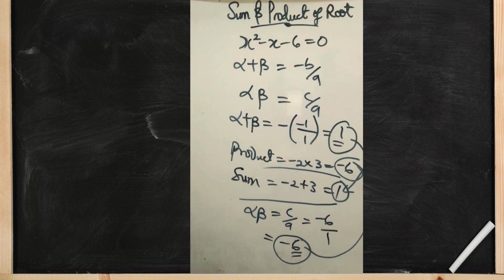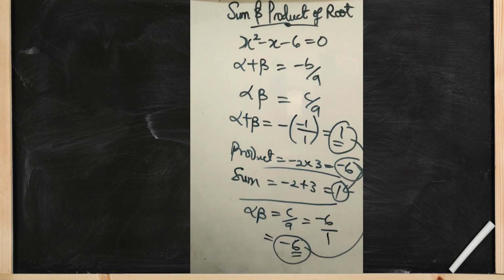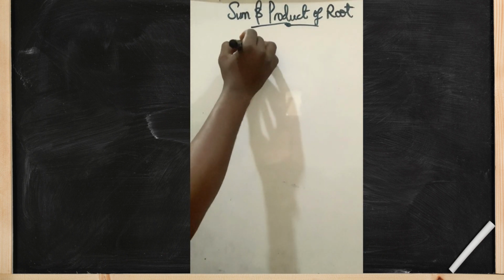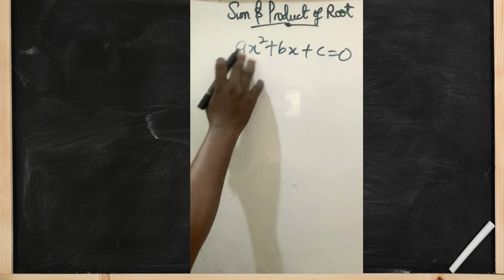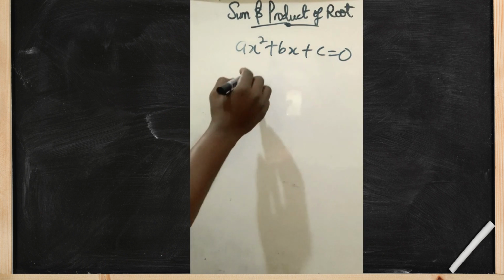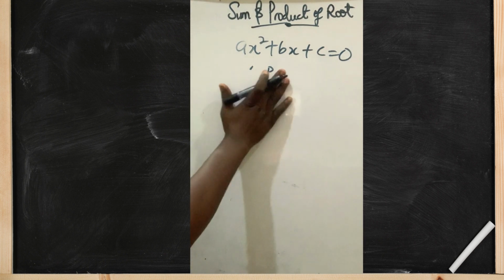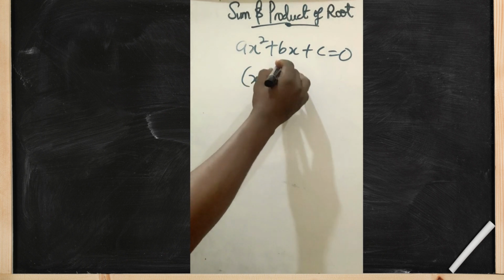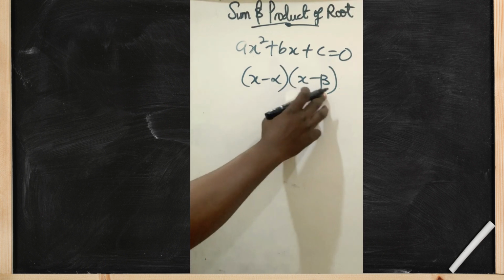Another thing that I want to buttress here is how we arrive at these two formulas, just to broaden your understanding of what really matters. I've established in previous classes that the general form of the quadratic equation is ax squared plus bx plus c equals 0. Now, alpha and beta are actually the roots of the equation, and there is a generic formula that supports this, which is x minus alpha, then x minus beta.